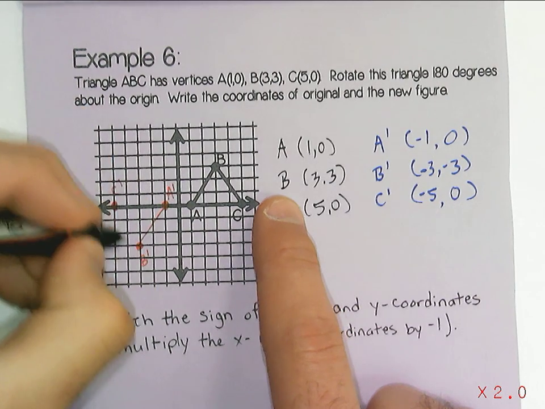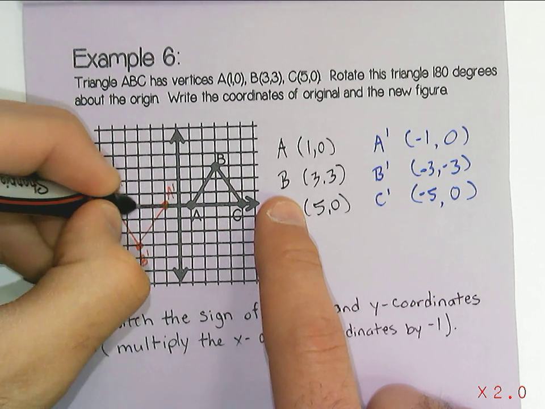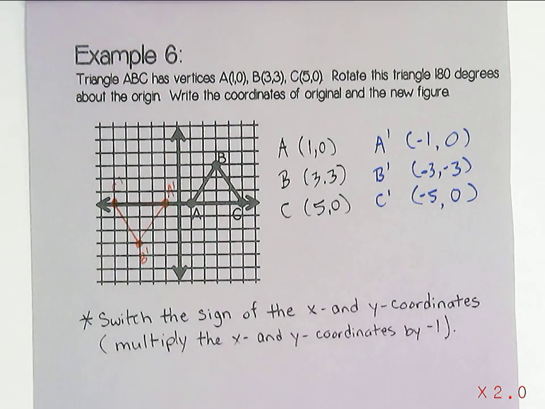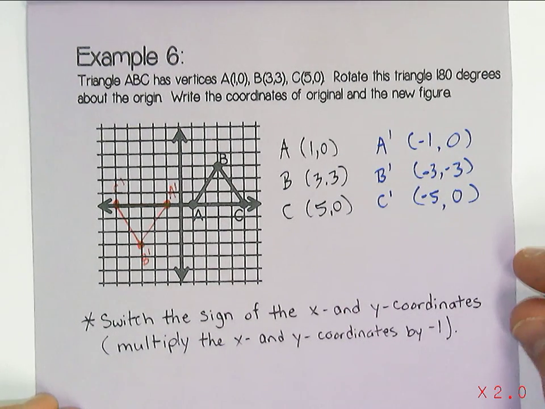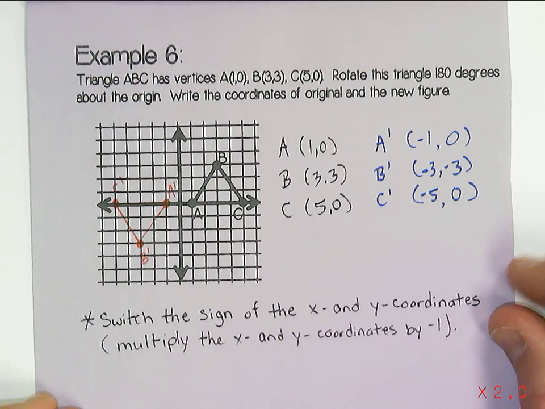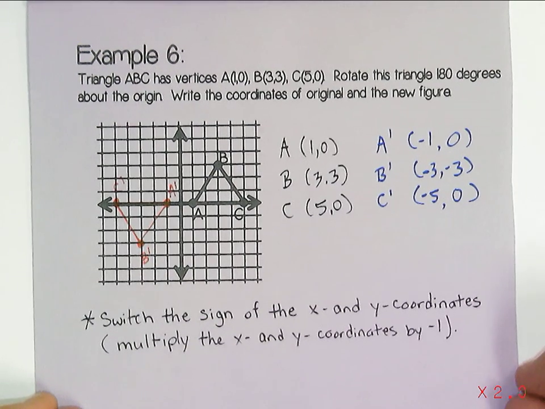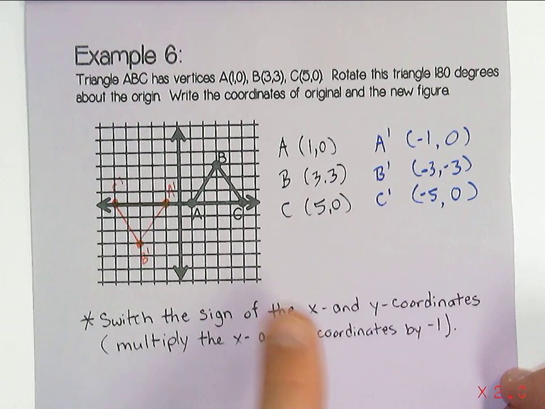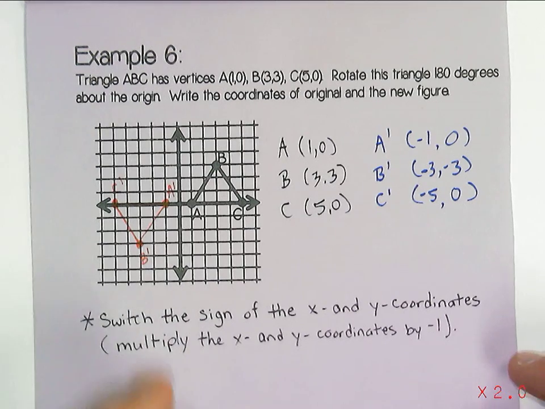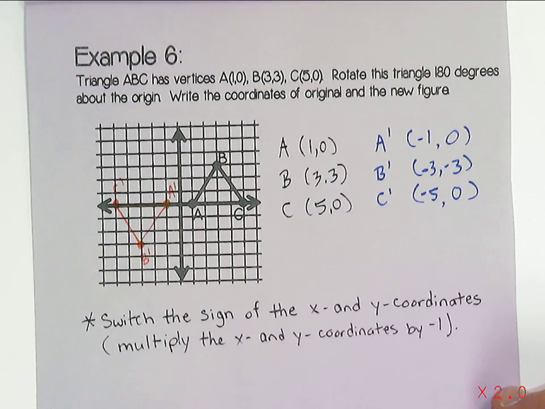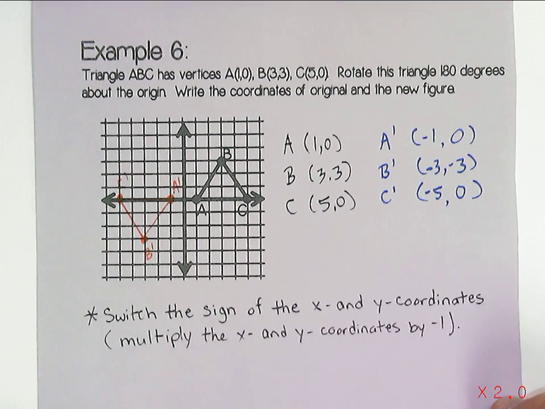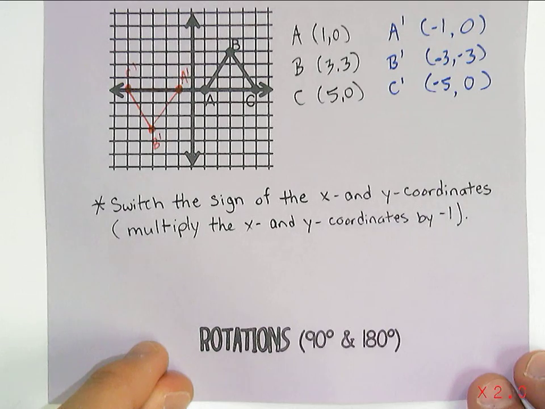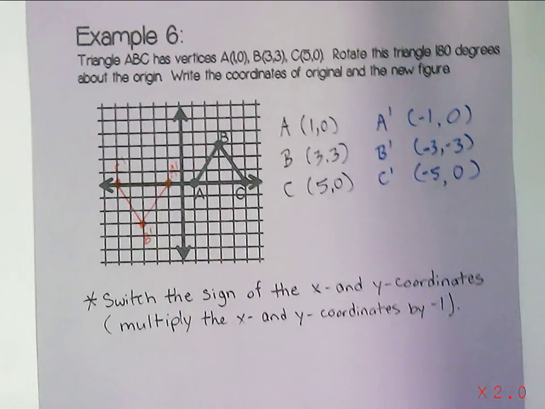So there is our new figure after doing a 180 degree rotation about the origin. So it'll be important to know the rules for each type of these. Again, they're pretty straightforward as long as you're following these rules for clockwise, counterclockwise, as well as 90 and 180 degree rotations.